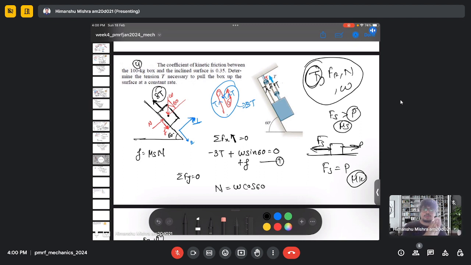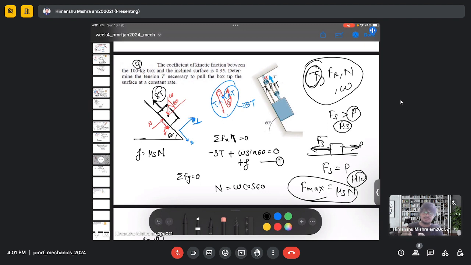In impending motion, you have an external force which is equal to or less than the friction force, and the block always remains in a stationary position. So in most problems, we try to calculate the force at an impending motion, because that is the maximum friction force you will have, which is mu s N. So this is the case for the impending motion, where you have an external force which is actually equal to the friction force.